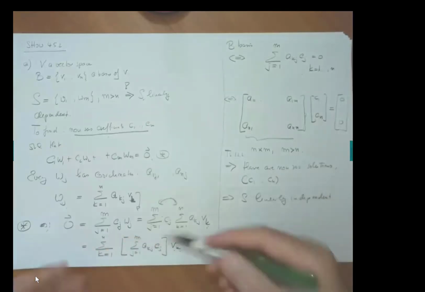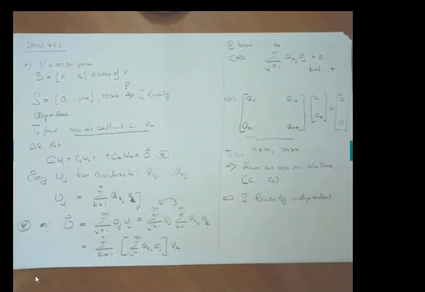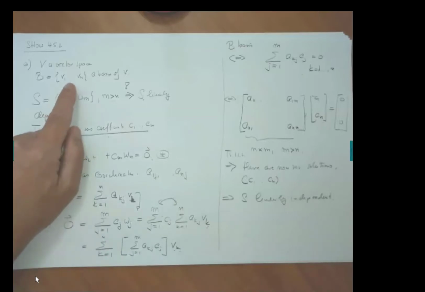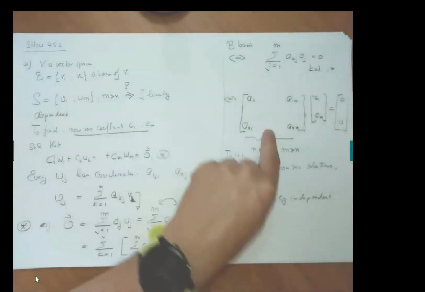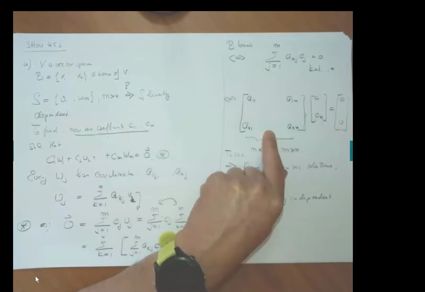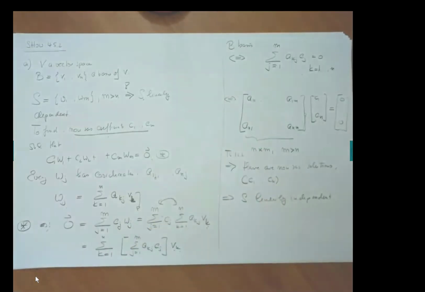So here you see the power of the idea of a basis. A basis in a vector space reduces every linear problem in the vector space to a linear equation problem. And the idea is, for linear equations, we can always use reduced row echelon. Okay, so that shows part A.